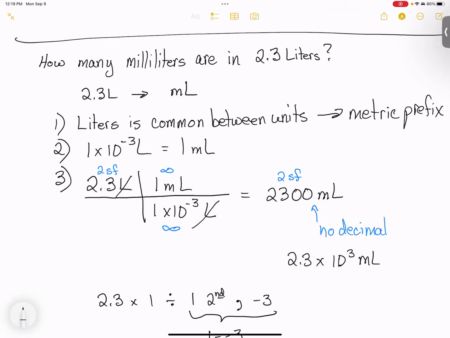Because they are the metric prefix conversion factors, and metric prefix conversion factors are exact numbers. Exact numbers have an unlimited number of significant digits. So although there's only a single digit here, because it is part of the metric prefix conversions, it's unlimited.